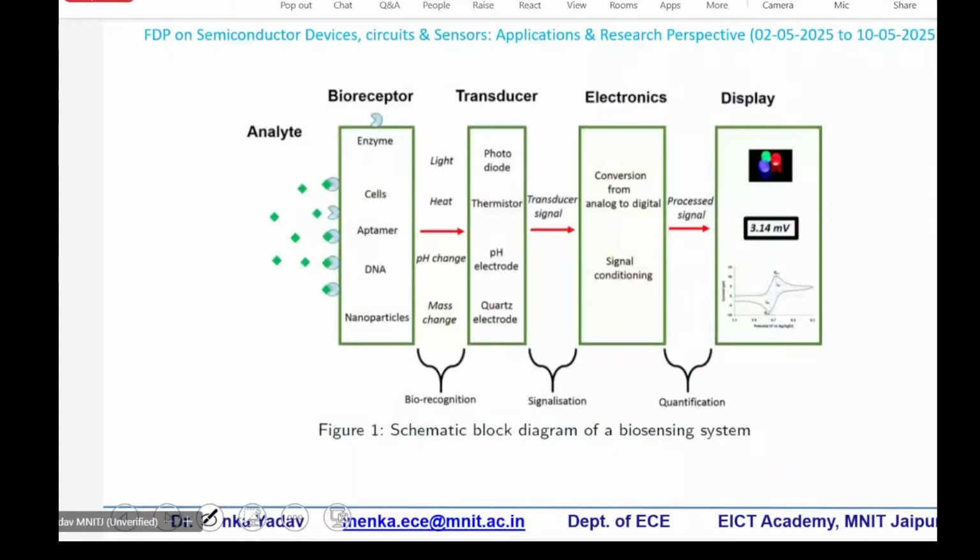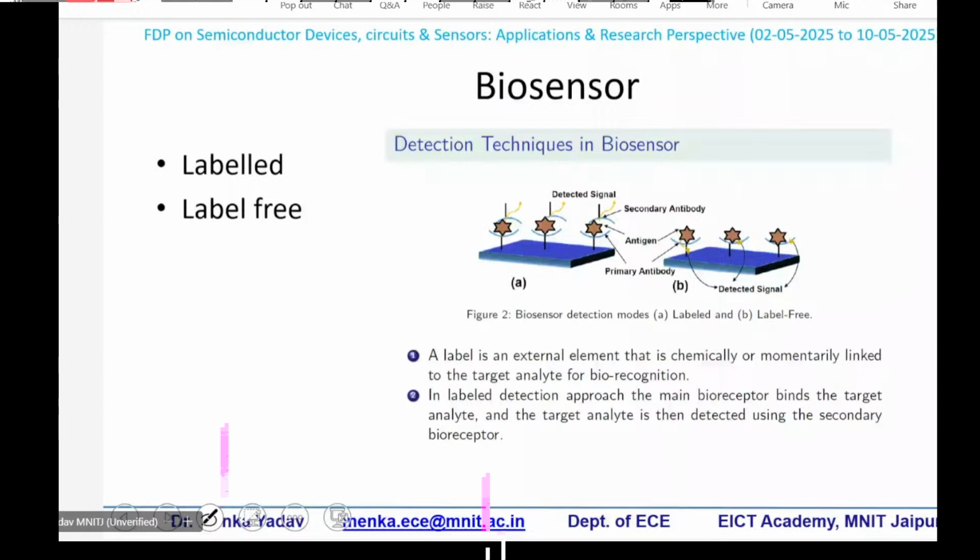So whatever we have discussed till now, we have discussed image sensor, we have discussed pH sensor in the electrolyte, right? And what else did we discuss? Photo sensor we have discussed, light sensor we have discussed.